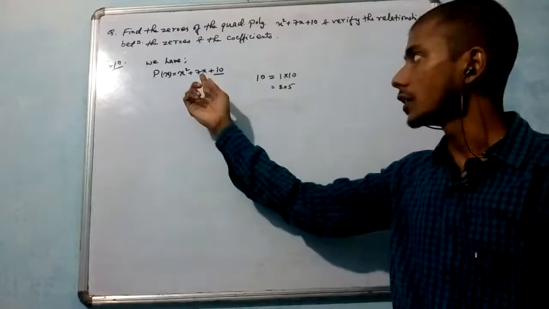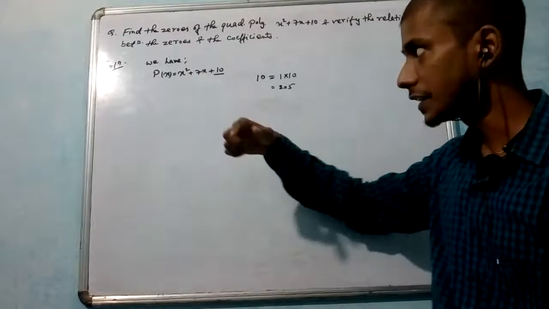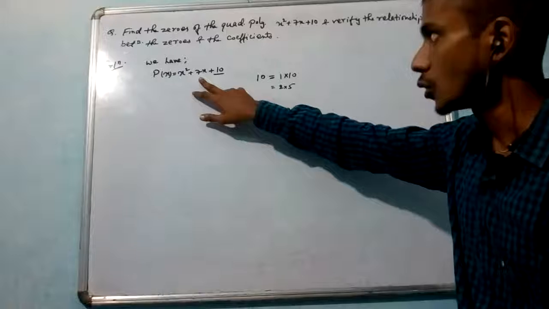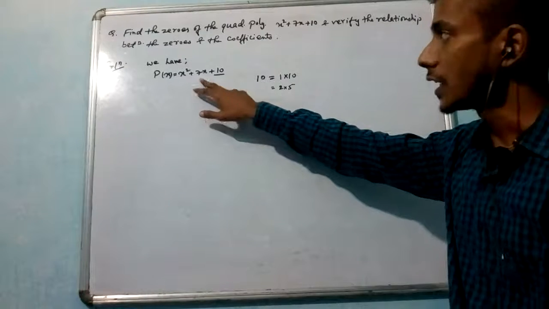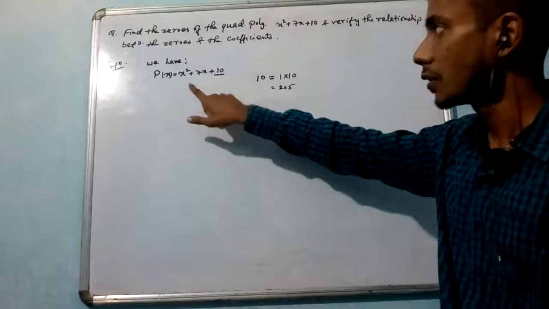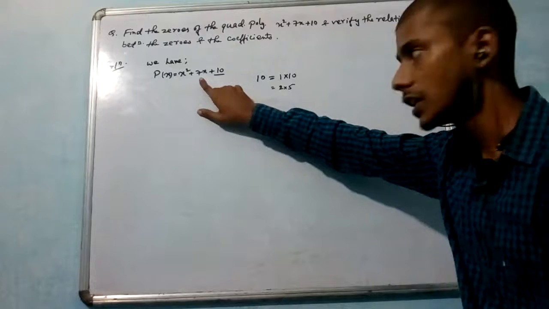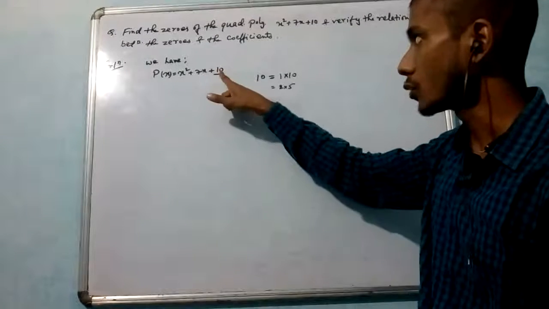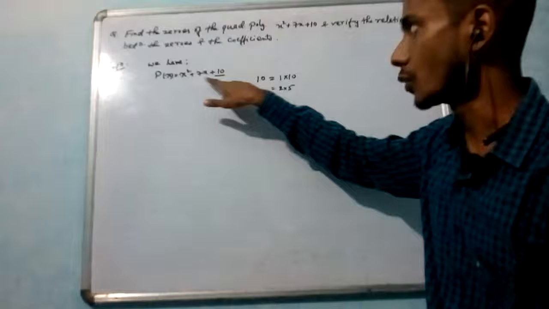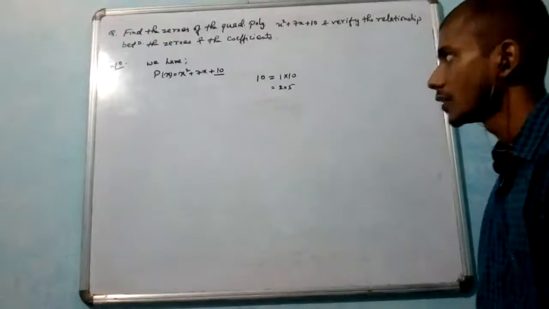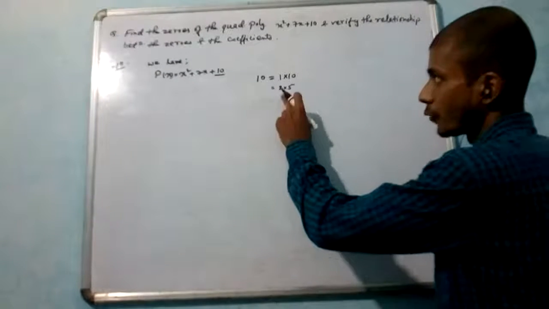So this middle term should be split in such a way that their addition or subtraction must be equal to 7x only, and their product must be equal to the product of the first and the last one. And this is the way of finding.